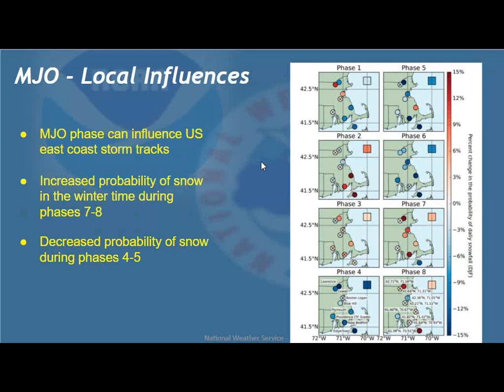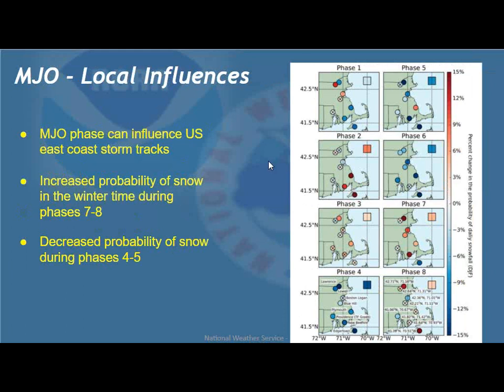So locally, recently, a group of scientists did some research on how the different MJO phases can affect snowfall in a very specific area of the world that you might recognize on this map here. They wanted to see how the MJO affected snowfall in southeastern New England.